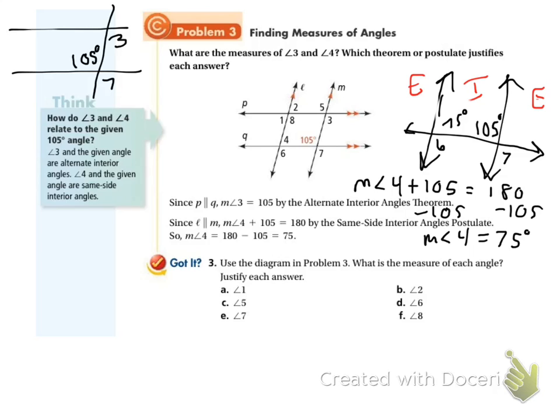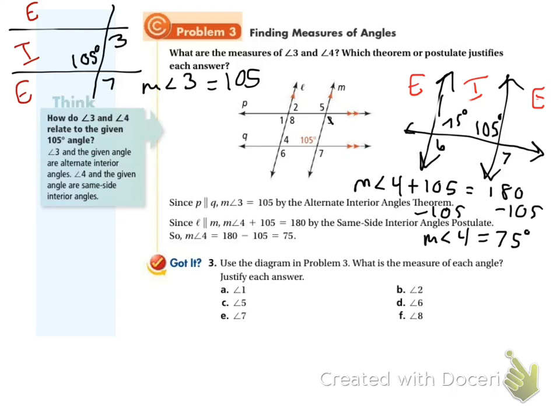Again, here's my interior, exterior, exterior. So 105 and 3 are both in the interior, but they're on opposite sides of the transversal. So these are alternate interior angles, and alternate interior angles are congruent. So I know that the measure of angle 3 is equal to 105.